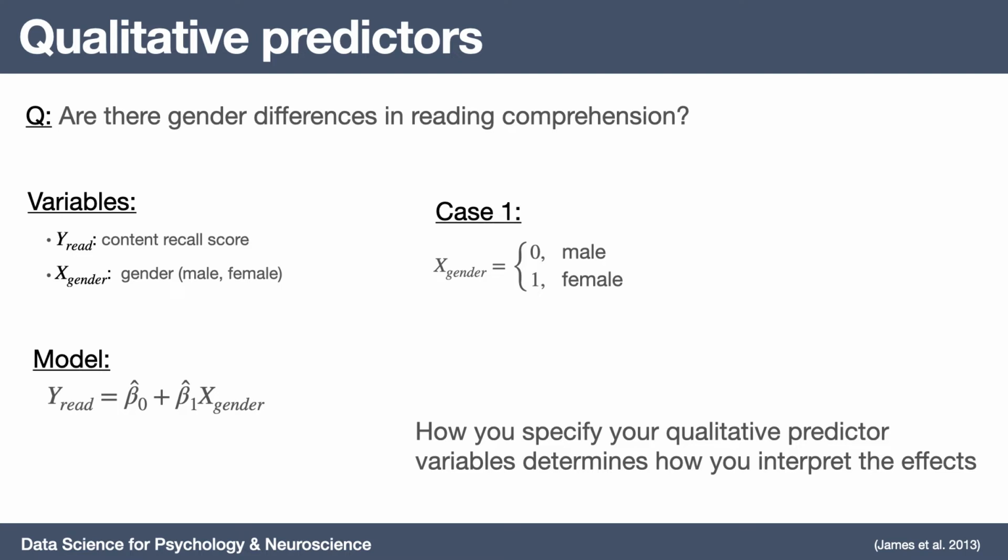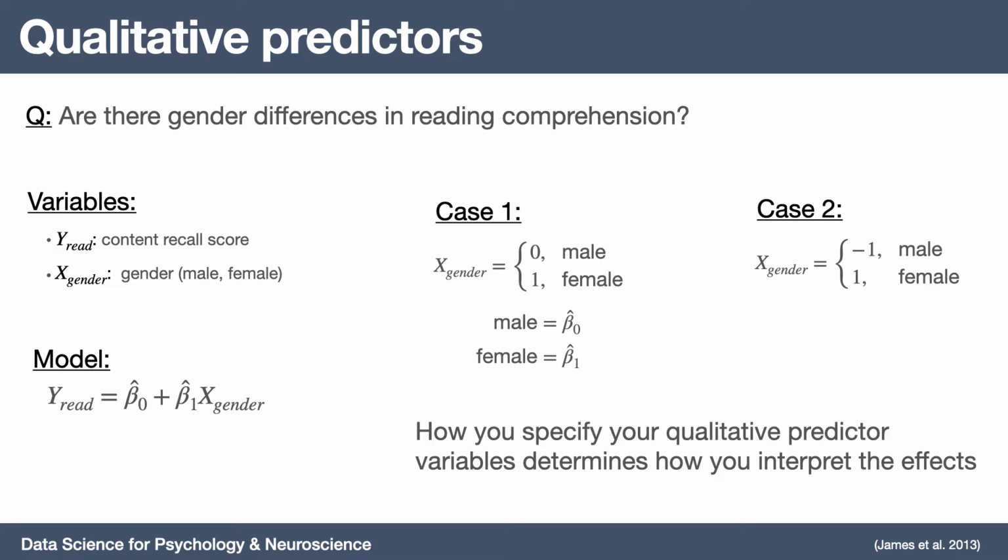If you define x that way, and you want to understand the mean effect of reading comprehension for males versus females, you just look at the intercept term, which captures the mean for males, and the beta 1 captures the difference for females. Pretty intuitive.